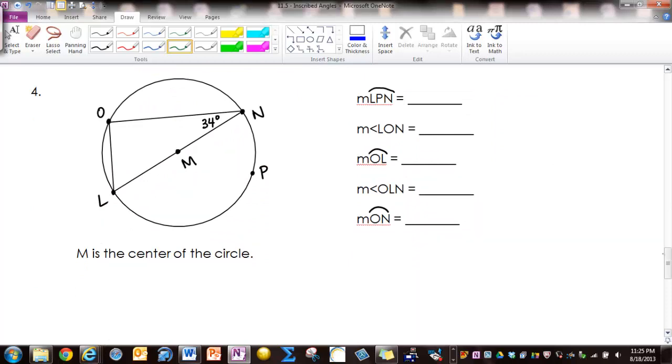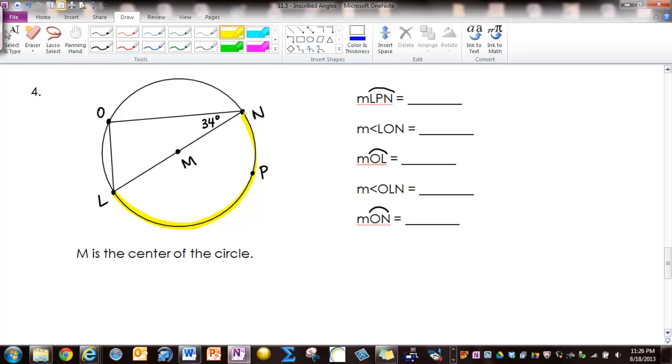Moving on to question 4. In question 4, we have a triangle that is inscribed inside of a circle. And we're being told here that M is the center of the circle. So, the first thing we're asked to find here is the measure of arc LPN, which I'm tracing in yellow.